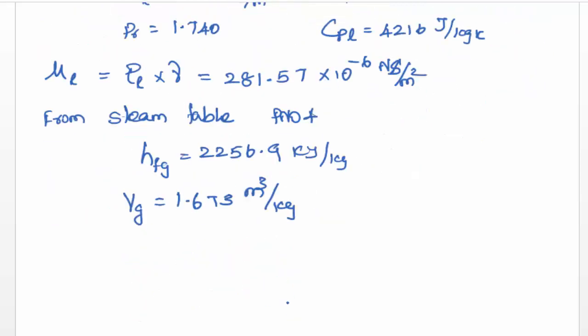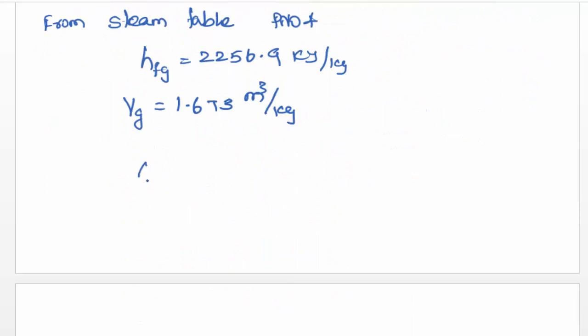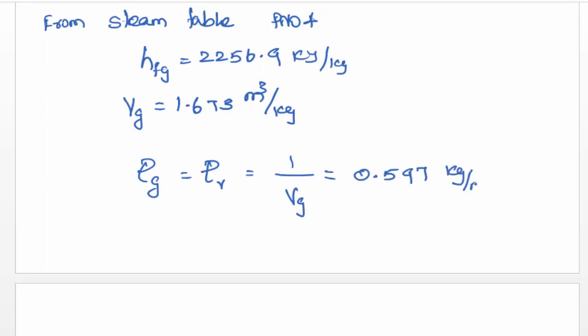From this value, you have to find out the density of the vapor, which is equal to 1 divided by Vg, which is equal to 0.597 kilogram per meter cube.